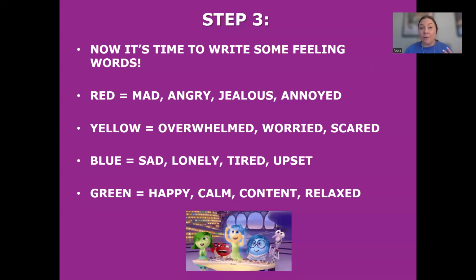Pretty much you should have maybe 5 to 7 different feeling words in each section. So take your time with this step. I know it took me some time too. And as I was working on it, I was listening to music and just kind of getting myself in a good headspace. So feel free to pause.